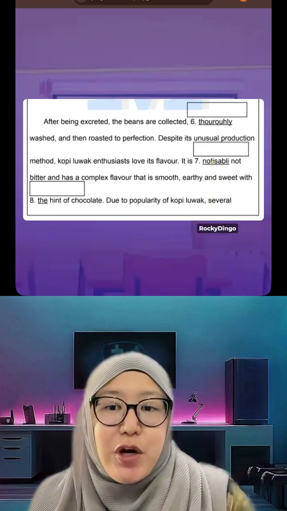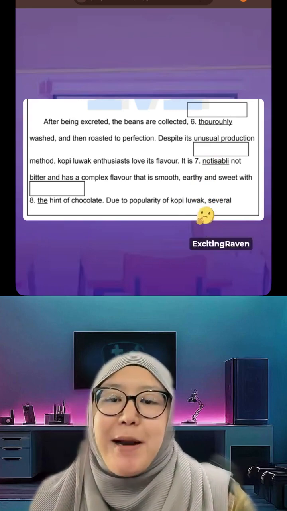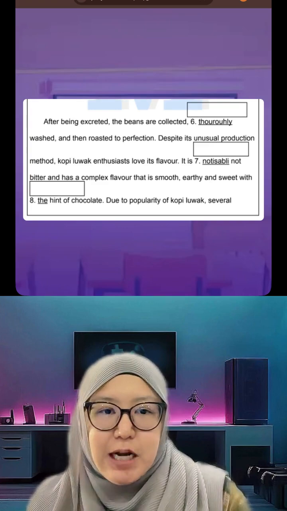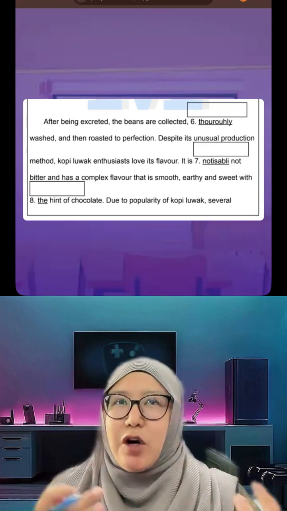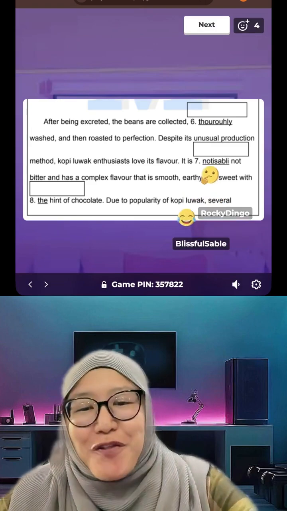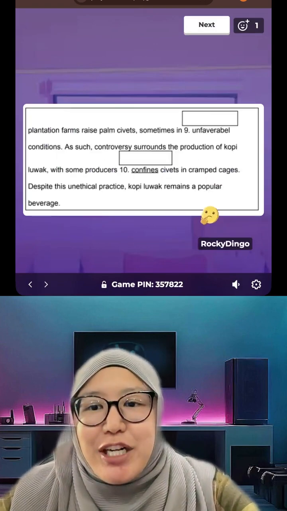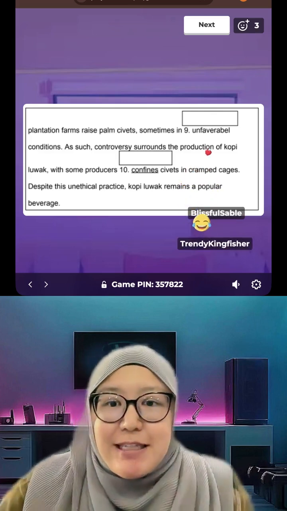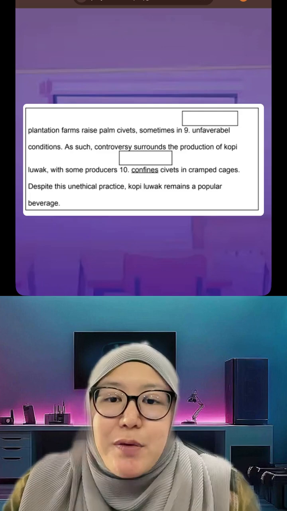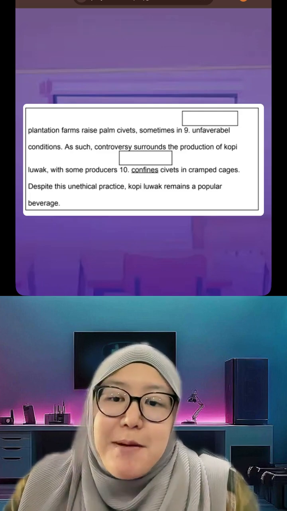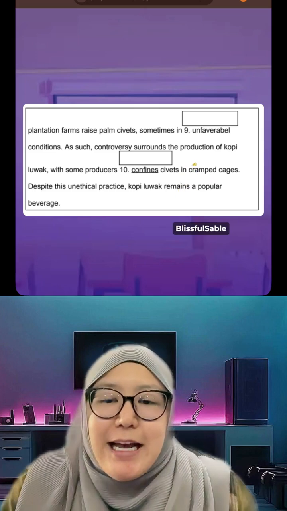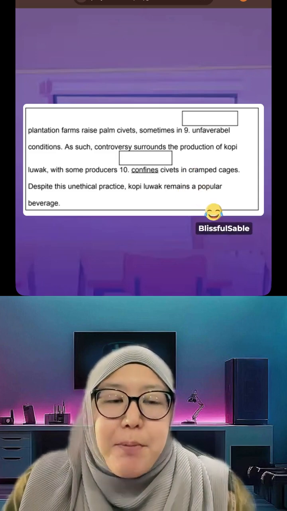It is noticeably not bitter and has a complex flavor that is smooth, earthy, and sweet, with a hint of chocolate. Now it makes you wonder, right? A coffee with a hint of chocolate. Due to the popularity of kopi luwak, several plantation farms raise palm civets, sometimes in unfavorable conditions. As such, controversy surrounds the production of kopi luwak, with some producers confining civets in cramped cages. Despite this unethical practice, kopi luwak remains a popular beverage.